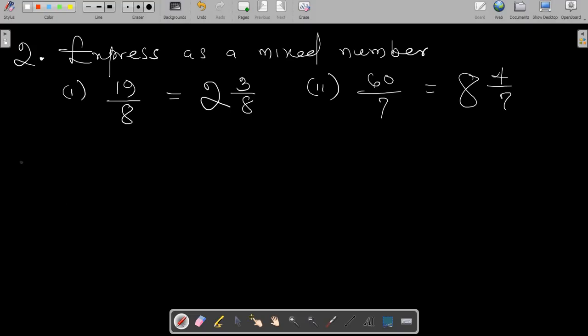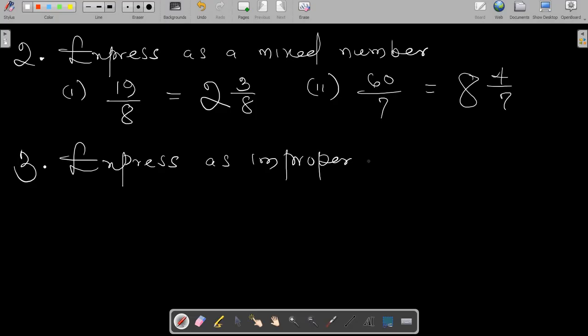Now let's take another example, number 3. So if you're asked to express as an improper fraction. So now look at this question here.